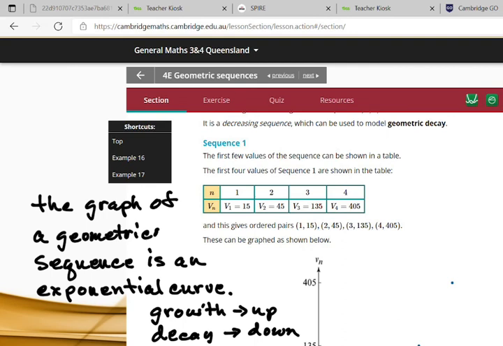And you need to describe that as growth. Or we were trying to control a certain weed in a pond by doing different interventions, and they had different curves, different decays. We want the one with the fastest amount of decay, right, to be able to get rid of the weed as quickly as possible. So you're going to be given those applications, so you need to use those words, growth and decay.